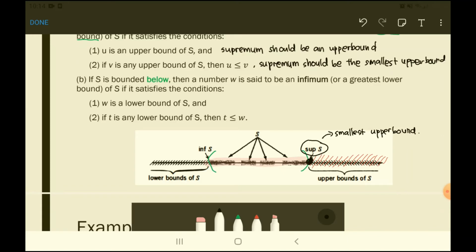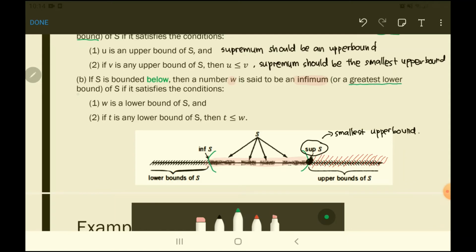Now a similar logic also applies for the infimum. The infimum works for a set that is bounded below. If a set is bounded below, then a number w is said to be an infimum. Infimum is the greatest lower bound.